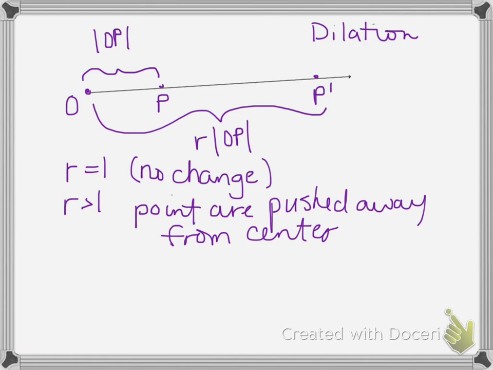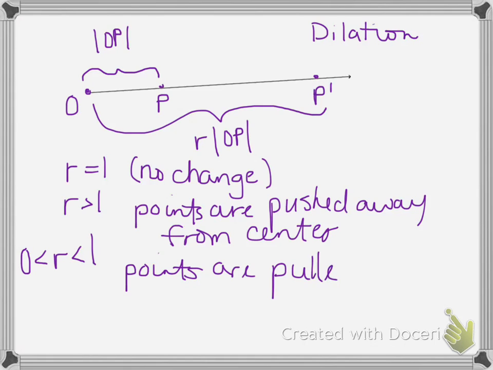But another situation would be R less than 1, but still greater than 0. So we want it to be positive, and that would be a number like 1/2 or 1/3, a fraction. What this would do is all the points are pulled towards the center.